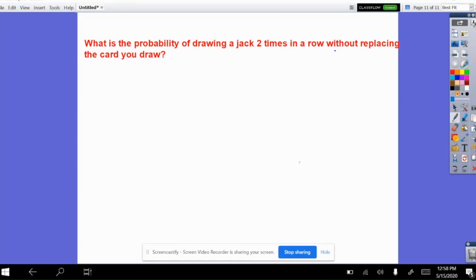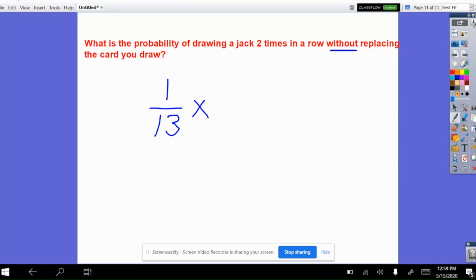Okay, here is the big question. Here's the bonus question. What's the probability of drawing a jack 2 times in a row without replacing the cards you draw? So I draw it out the first time. Well, the probability is 1 over 13. Well, if it's a jack, which was what we said it was going to be to figure this probability out, the second time, how many jacks are left?